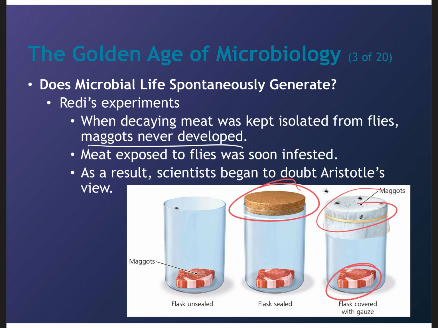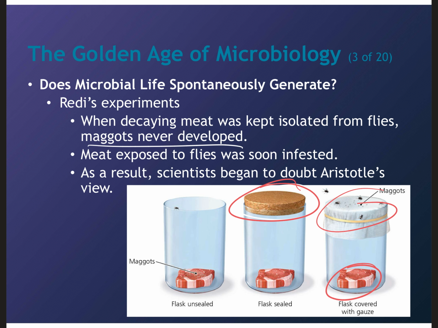So one of the things I want you to think about, and we'll talk about it a little bit more, is, okay, Aristotle had a hypothesis. I don't know if he did any tests of that hypothesis. If he did, I'd be interested to see. But these people were like, hey, I don't think your hypothesis is right. Let me design an experiment to see if your hypothesis holds up.